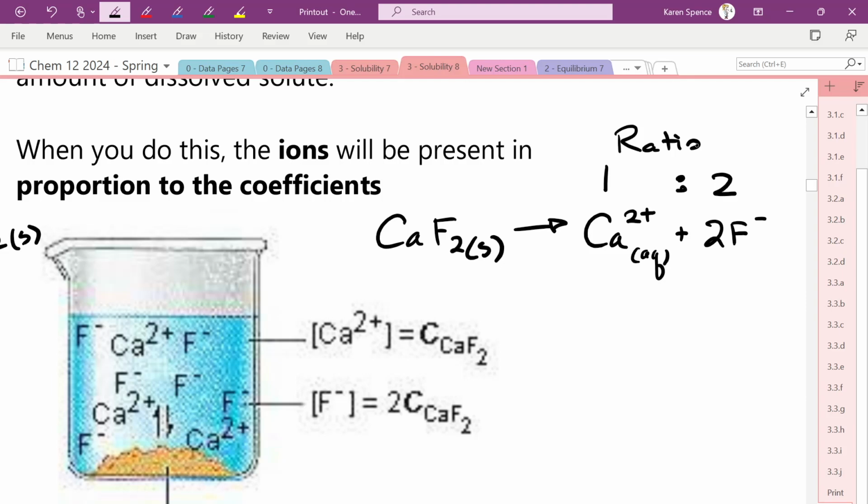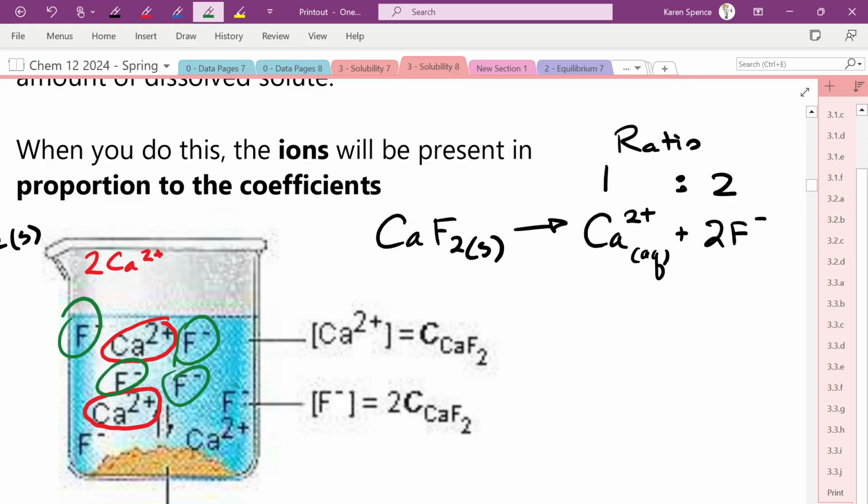And you can see that in my little beaker here, I have 3 calciums.